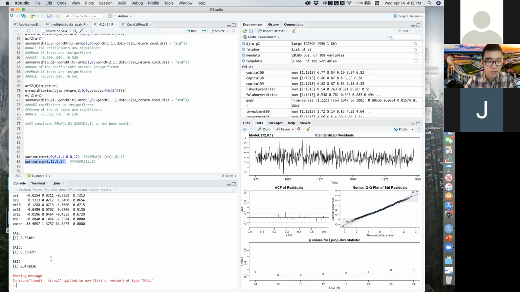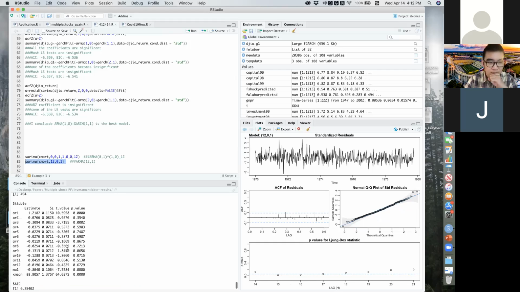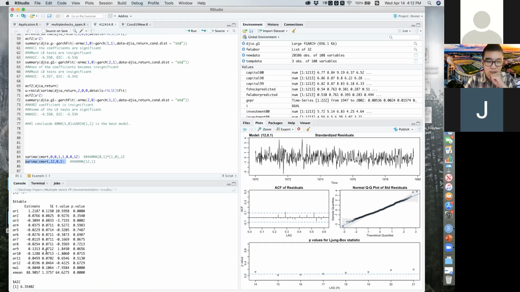If you run this, this is the coefficient you get: the coefficients of AR1 all the way to AR12, and MA1. But what we actually need is just the AR12 coefficient. We restrict the AR1 to AR11 coefficients to equal 0.